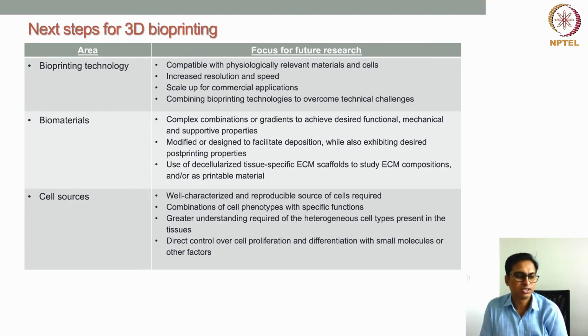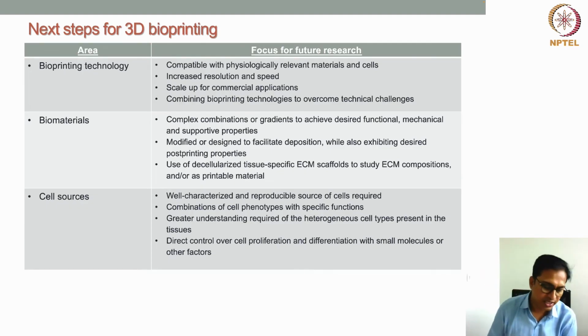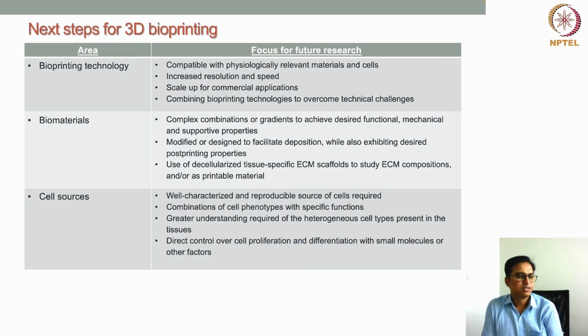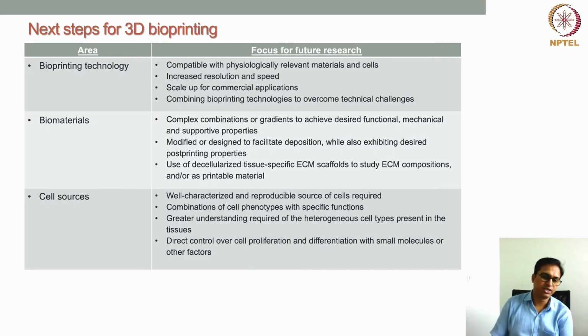Somebody can work on how we can best recreate the ECM structures or nano or microstructures with different types of biomaterials, how we can generate gradients and different types of patterns, how we can design the bioink to facilitate deposition and also exhibit desired post printing properties, and how decellularized tissues can be used to develop bioinks.